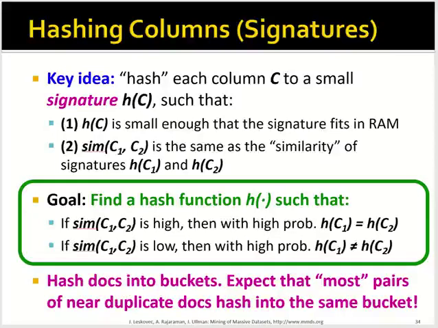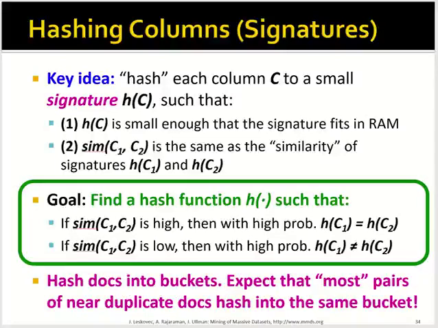can still be kept the same as the similarity of the signatures when we compare H(C1) and H(C2). So the goal is very clear: we want to find such a hash function H so that if the similarity of C1 and C2 is high, then we still get a high probability of H(C1) equal to H(C2).